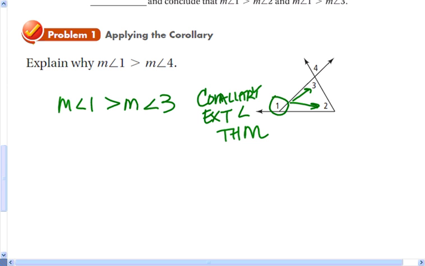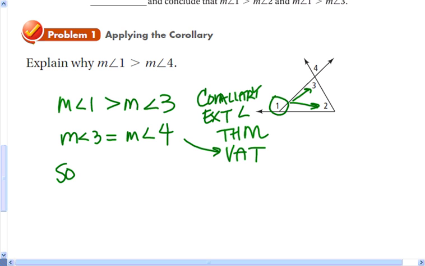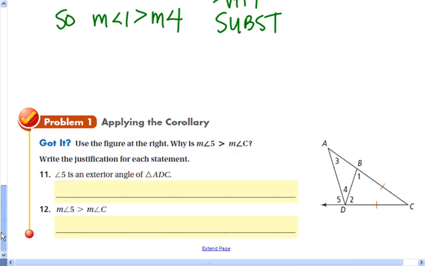And we also know that the measure of angle 3 is equal to the measure of angle 4, and that's by the vertical angle theorem. And then, by substitution, the measure of angle 1 must be greater than the measure of angle 4.